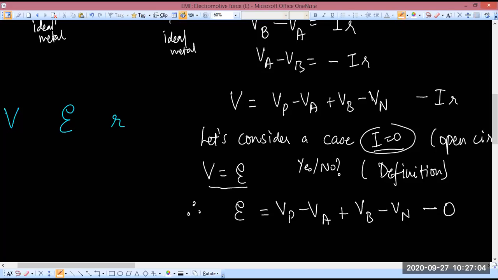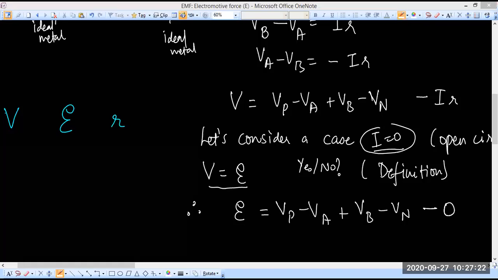Why minus 0? We are putting current's value 0, right? So we have got the value of epsilon. Ideal case, nothing. Open condition, open circuit.